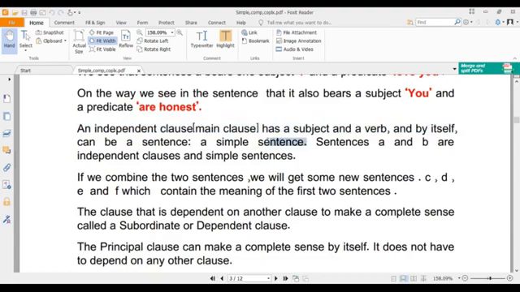অর্থাৎ একটা সেন্টেন্স টেক্সটের মধ্যে যখন একটা সাবজেক্ট থাকে এবং একটা ভার্ব থাকে, এবং এটা নিজে নিজে একটা সেন্টেন্স হতে পারে, এবং এটা হবে সিম্পল সেন্টেন্স। যেমন I love you, it is a simple sentence and it is also a clause. Sentence A and B are independent clauses, and both are simple sentences.